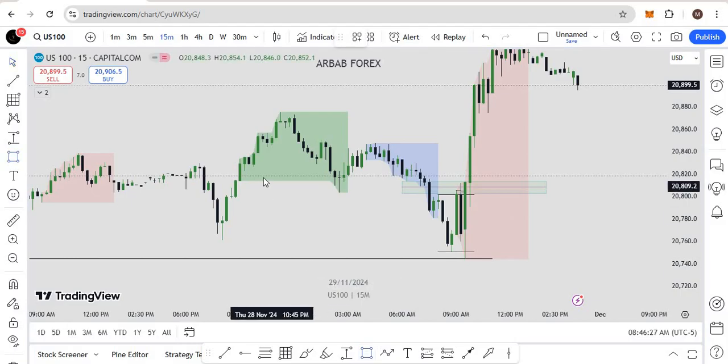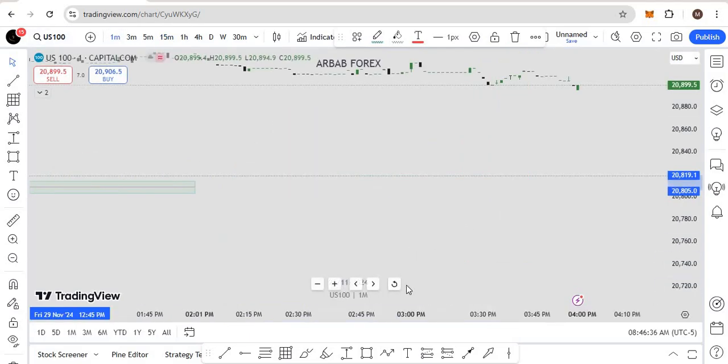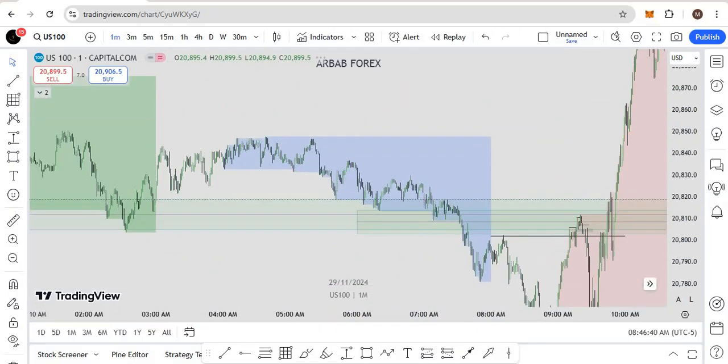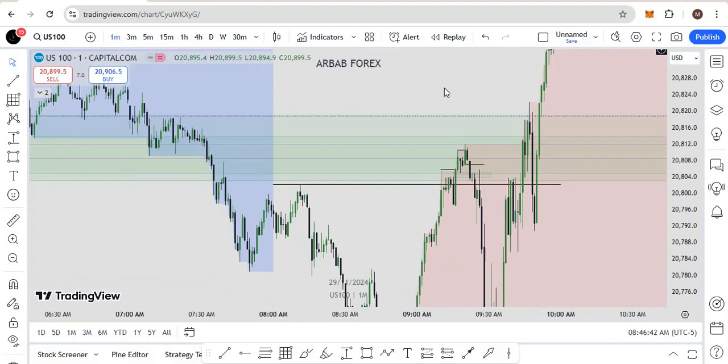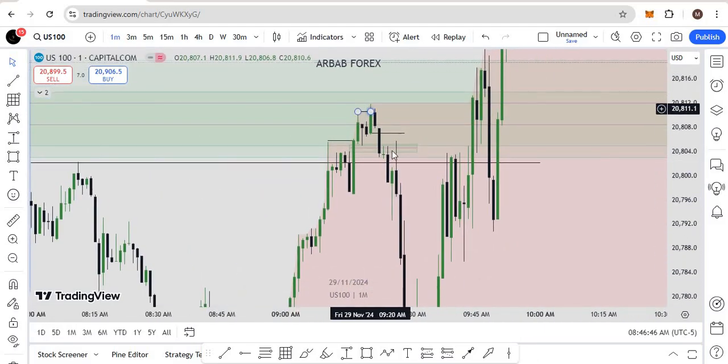If you are a resistance trader, price came from here and then went to this low. Now go to the 1 minute time frame. We have these 2-3 confluences, and then we will wait for this turtle soup, then the shift, and you can take the entry into the fair value gap.